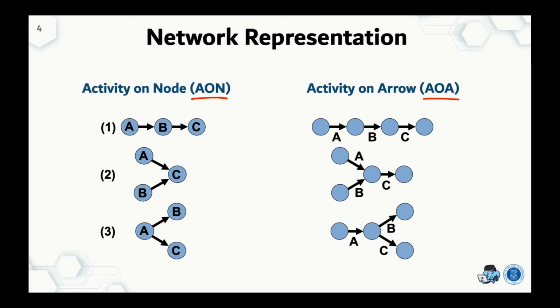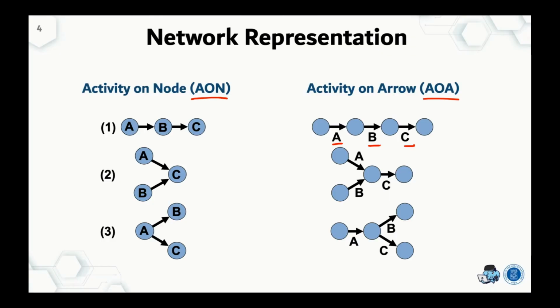On the left-hand side, activity on node, A, B, and C are activities and they are represented inside the node. But on the right-hand side, the activities A, B, and C are not represented on the node. Instead, they are represented on the arrow.